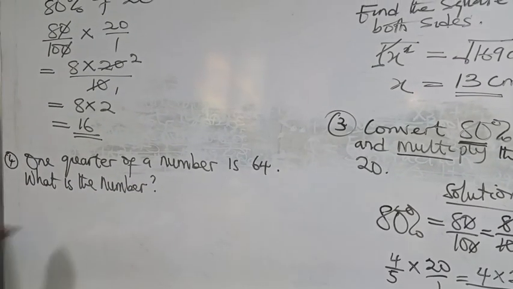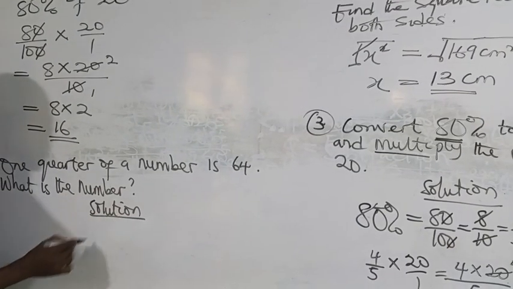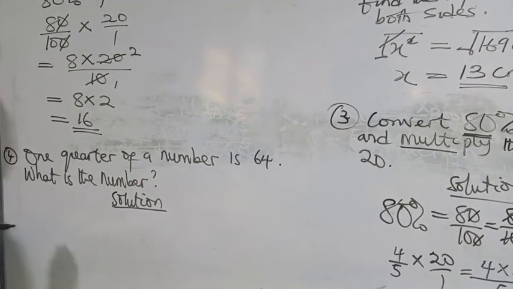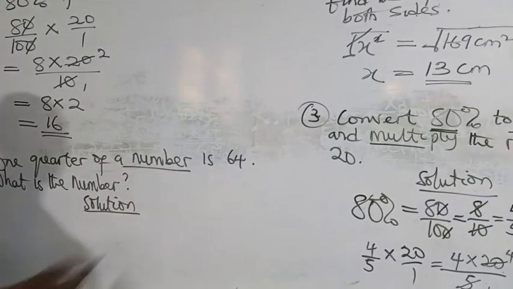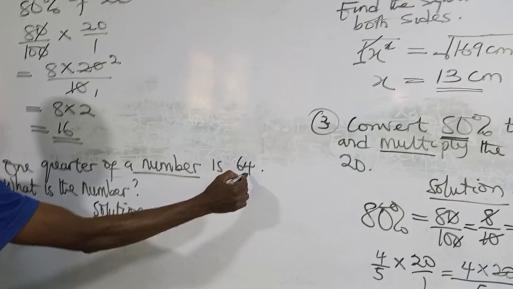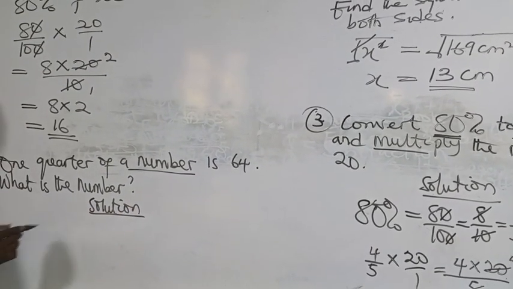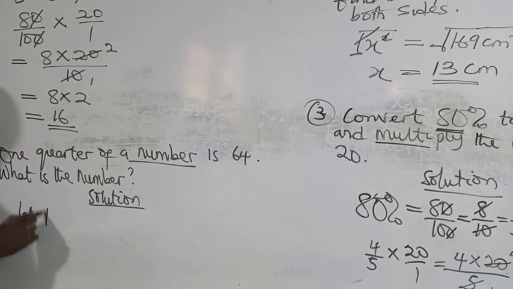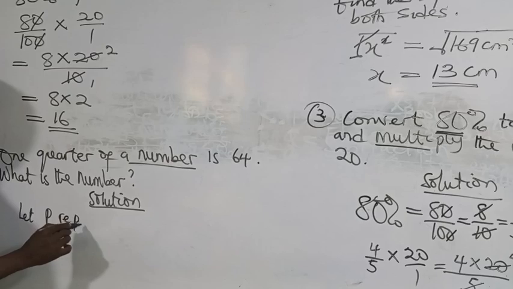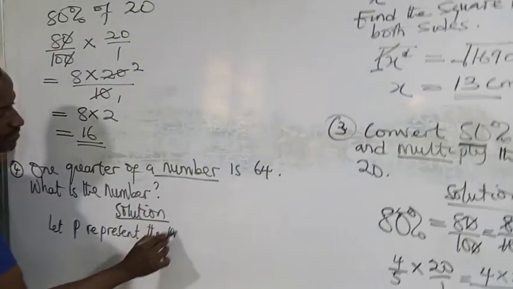What is the number? The number we are talking about is not given, so we can use any letter to represent the value of that number. But they told us that the answer is equal to 64. So let P represent the number.